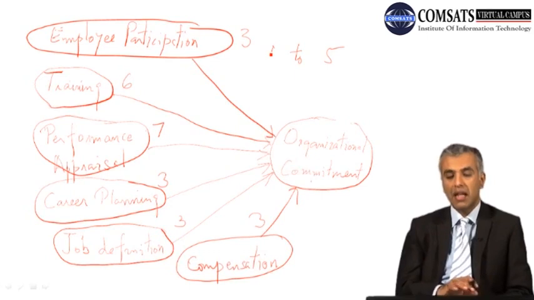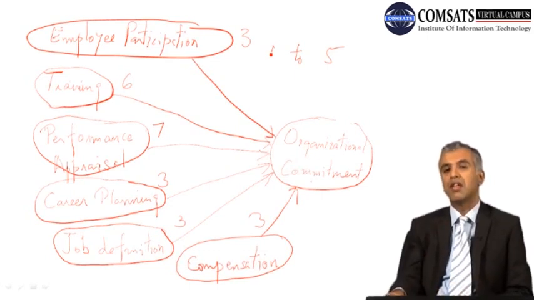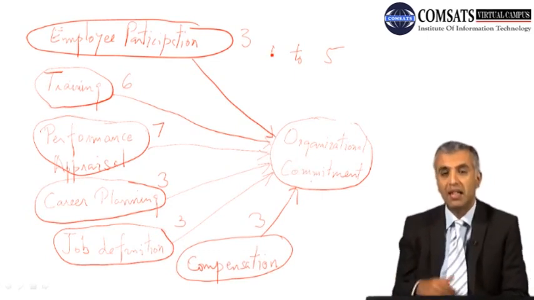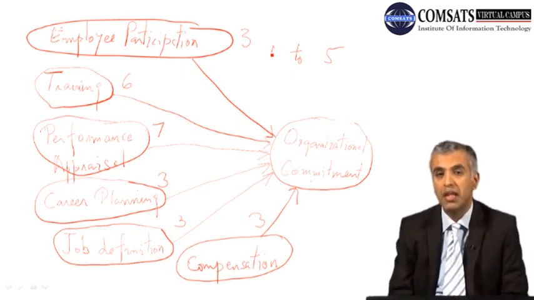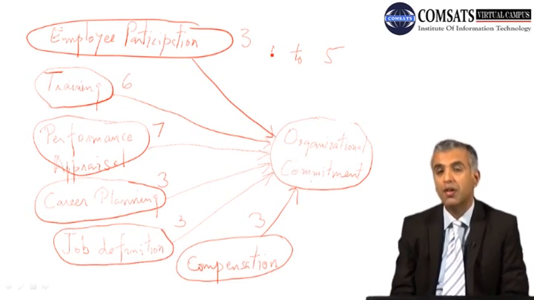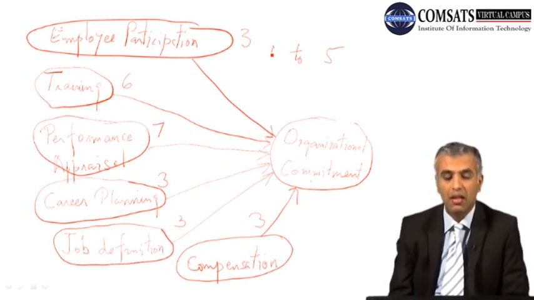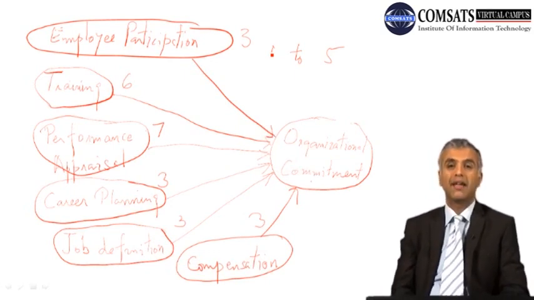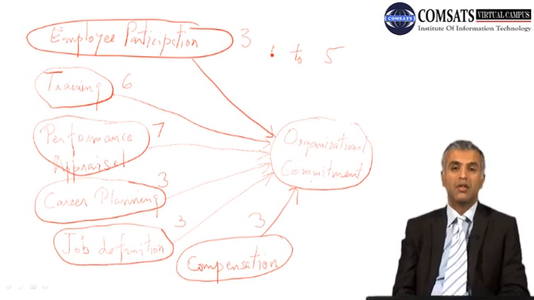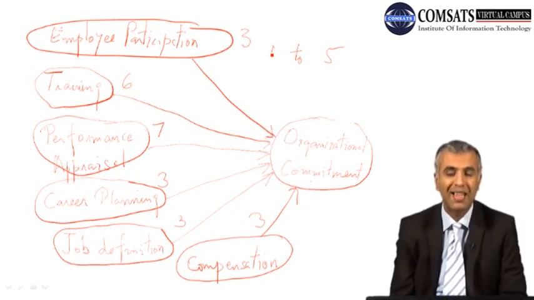Now, once we have drawn the concept on paper, and then we have determined the questions to measure them, and then we have got the feedback from employees, it's time to convert this whole data into mathematical form, to enter it into a certain software.